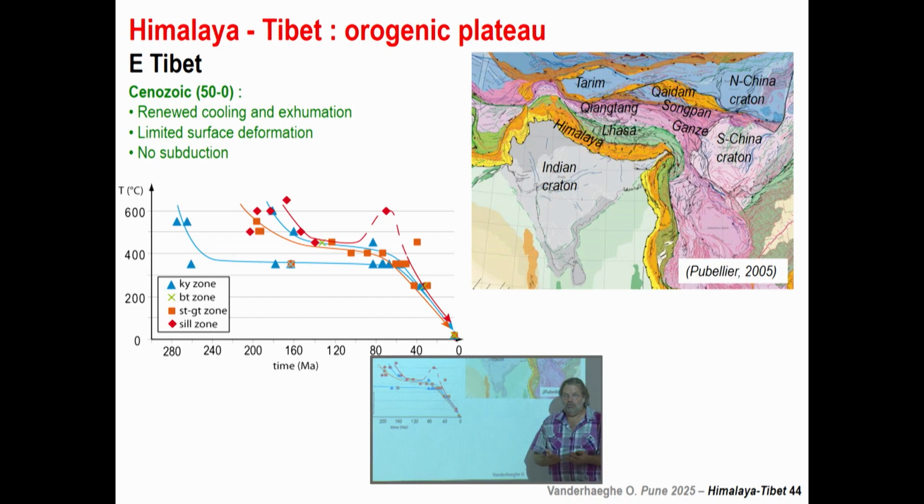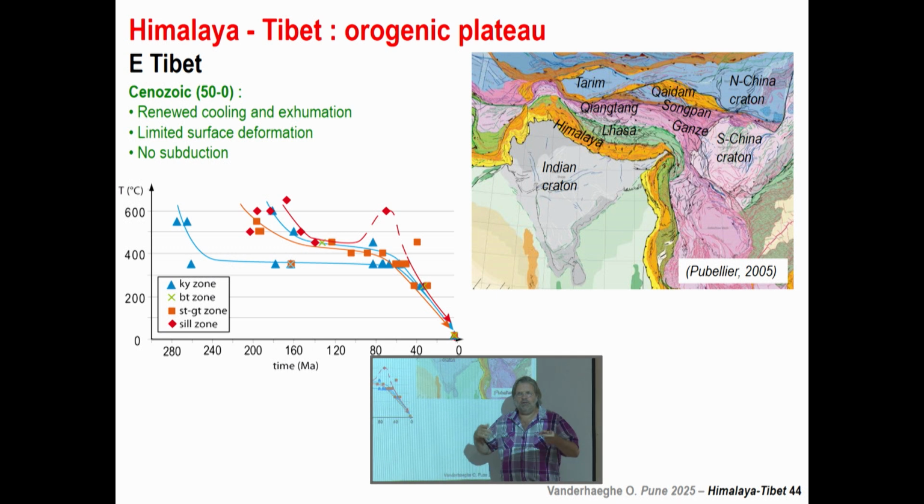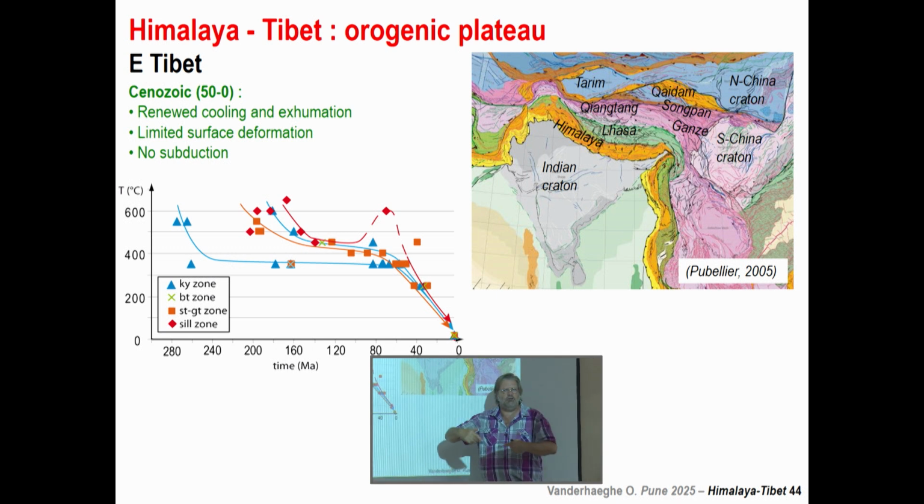And they do not show much structure. A few faults, but nothing comparable to the amount of convergence and thickening that you observe in the Tibet plateau, which goes from 30 kilometers to 60 kilometers. So you need to see structures that account for shortening of 100%, which you don't see.